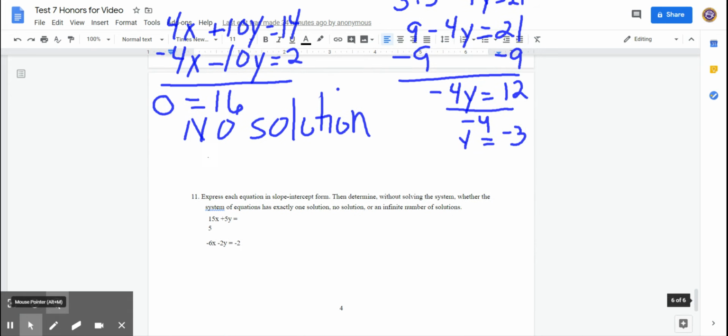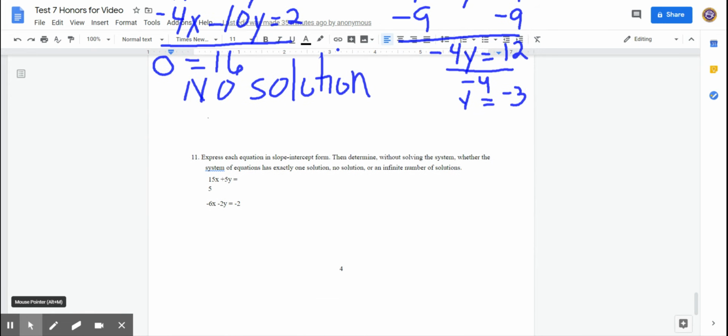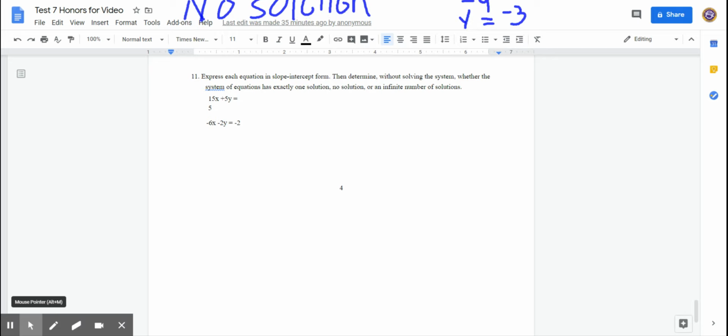And the last one, let's go up here. The last one, this should be 15x plus 5y equals 5. Now you had to read the instructions though, because this was a little different.